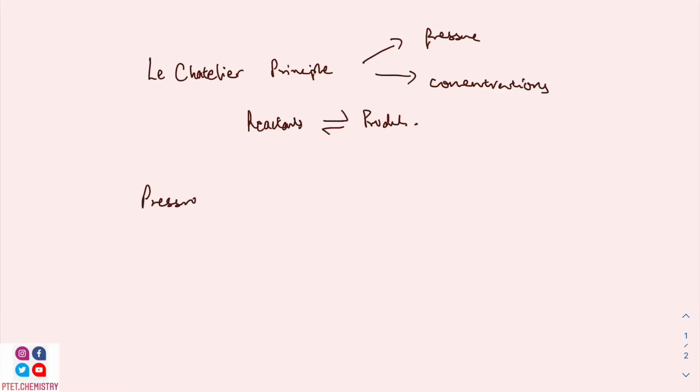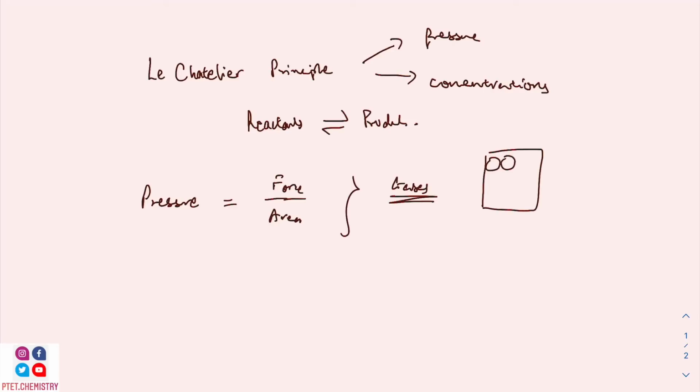Pressure is defined as the force acted upon a certain area. When we talk about pressure, we relate it to gases mostly, because gases exert pressure the most. Why? Think about a solid, and I'm drawing a very simplistic representation of a solid packing, and then think about the gas packing where the particles are so far apart.